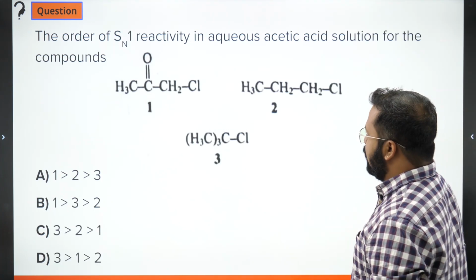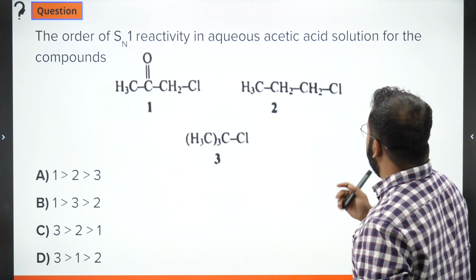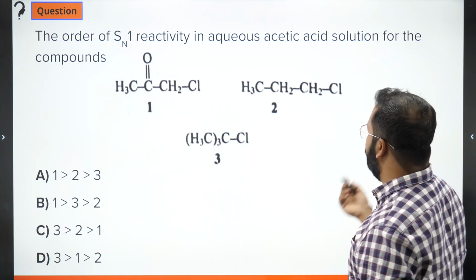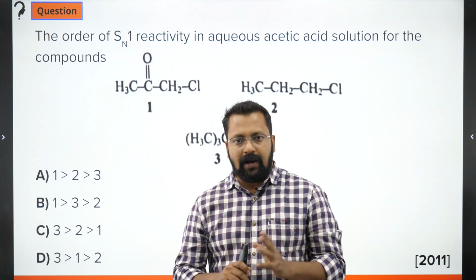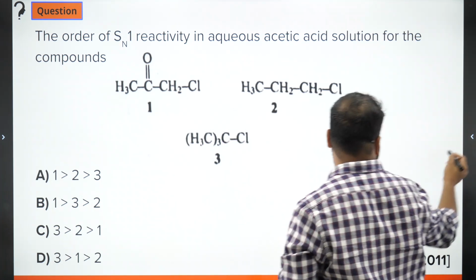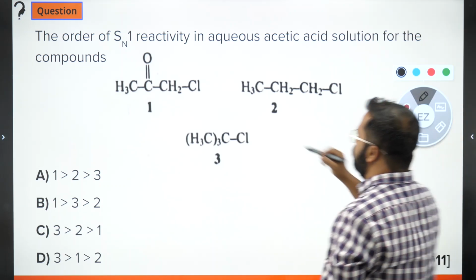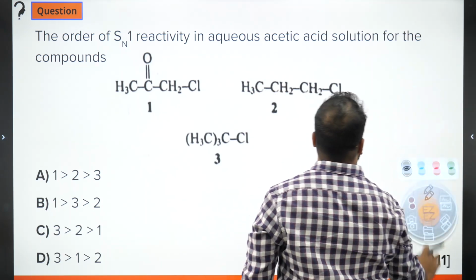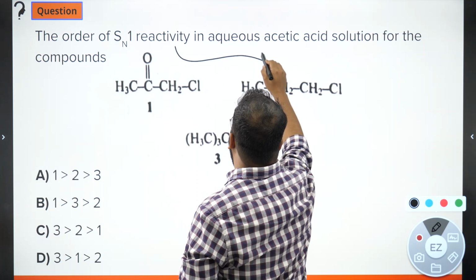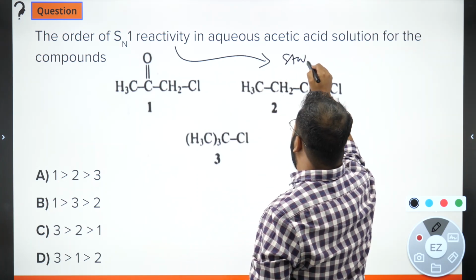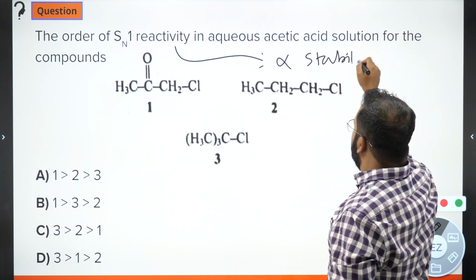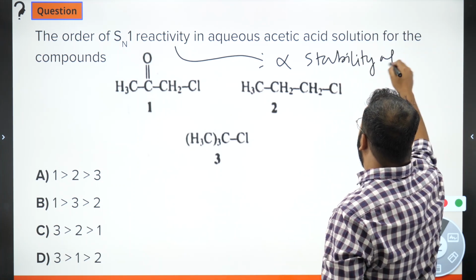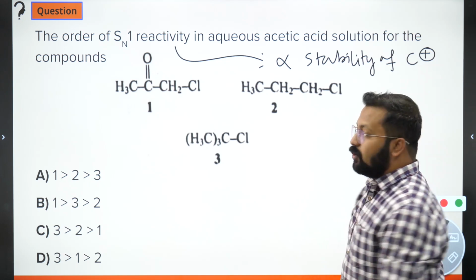The order of SN1 reactivity in aqueous acetic acid solution will be, so SN1 reactivity is being asked. SN1 reactivity is dependent on the stability of carbocation. Reactivity is proportional to the stability of carbocation.